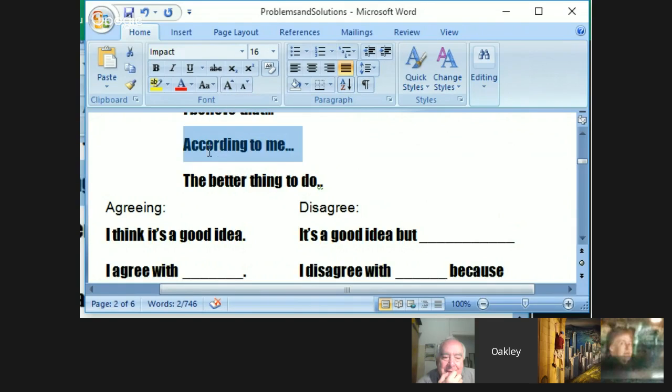It sounds like I'm talking about myself in the third person, which frankly sounds weird if I'm not an editor of a newspaper or if I'm not the Queen of England. According to me, the Queen of England, all women shall not wear socks on Tuesdays. It sounds a little pretentious and over the top.